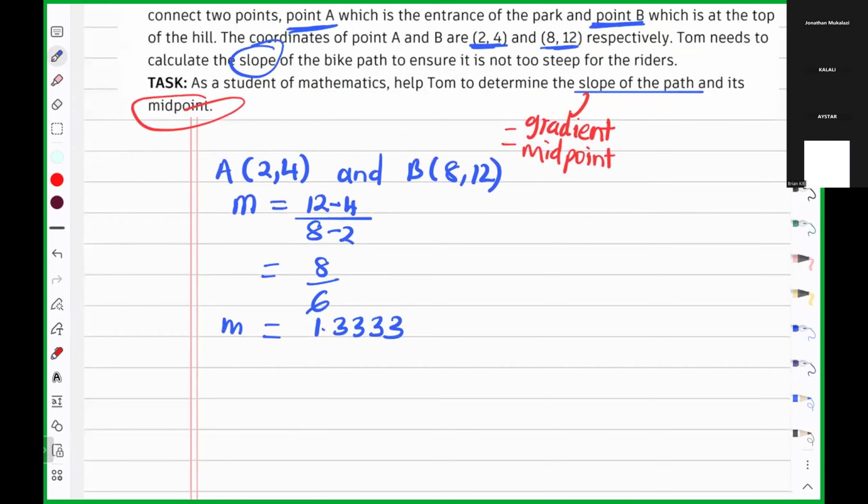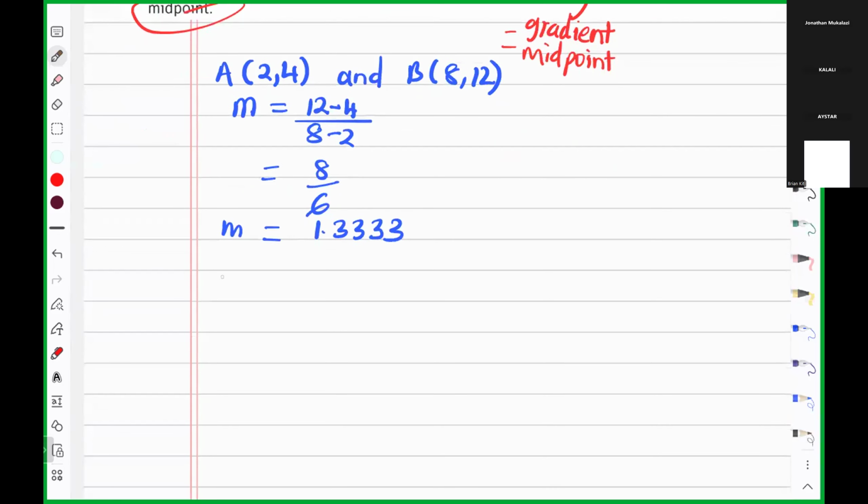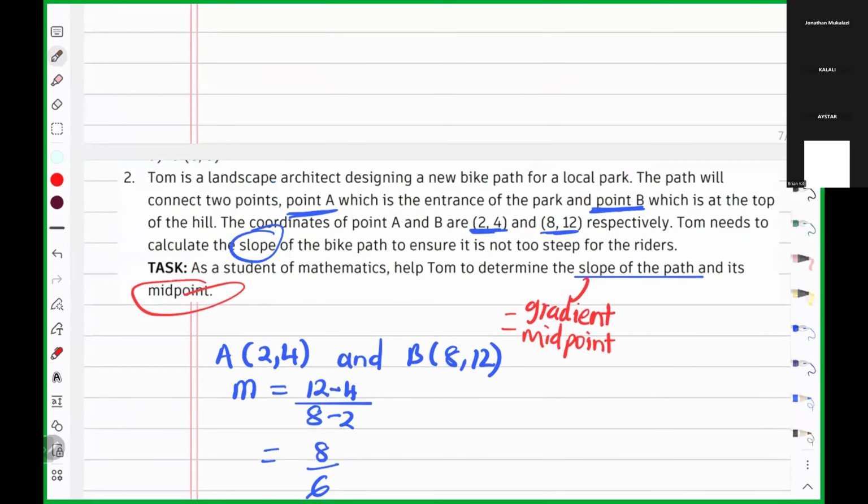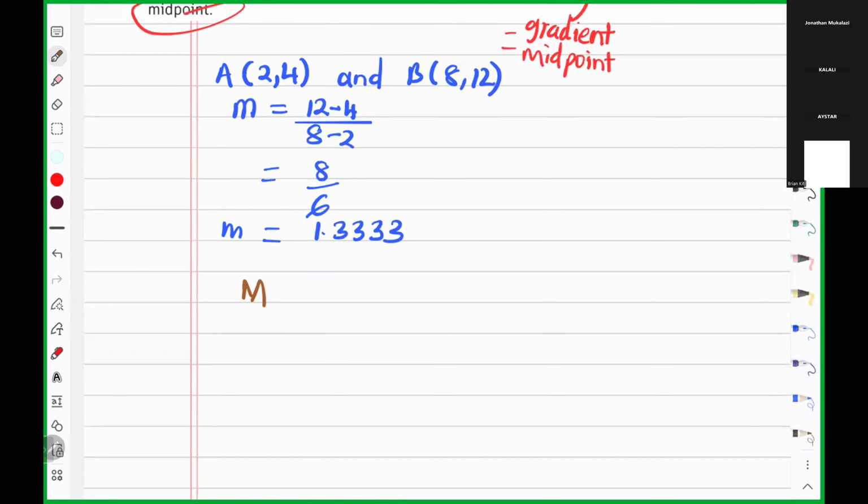Yeah, then for the midpoint, which I can call capital M, we shall take the average of the x coordinates and y coordinates of A and B. So we shall have midpoint as 2 plus 8 out of 2 and 4 plus 12 out of 2.